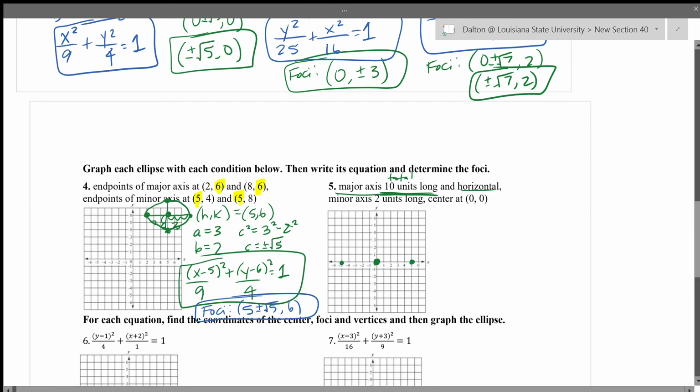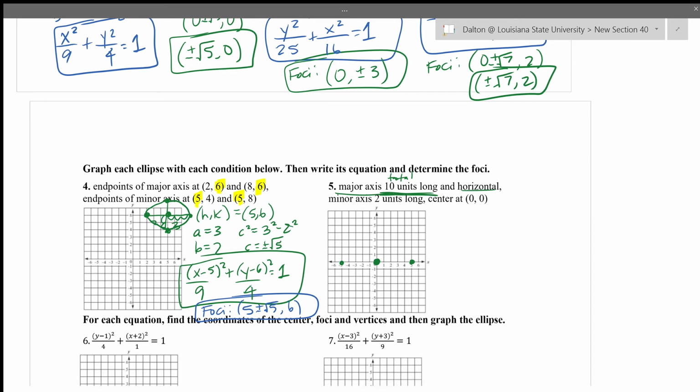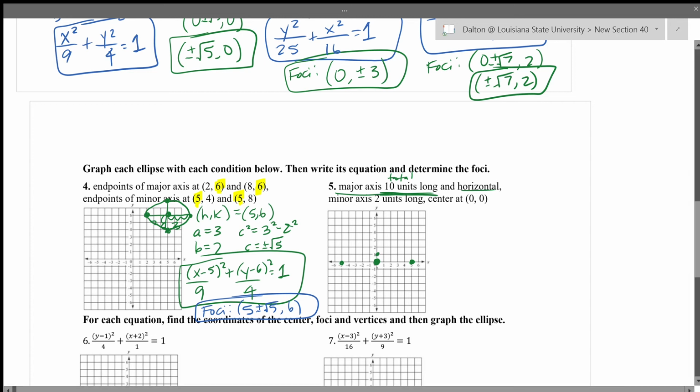Not to the left 10 and to the right 10. That would give us a total axis length of 20. And then if the minor axis is 2, then in order to achieve a total distance of 2, we're going to go up 1 and down 1. So this is going to be your lovely, skinny ellipse.